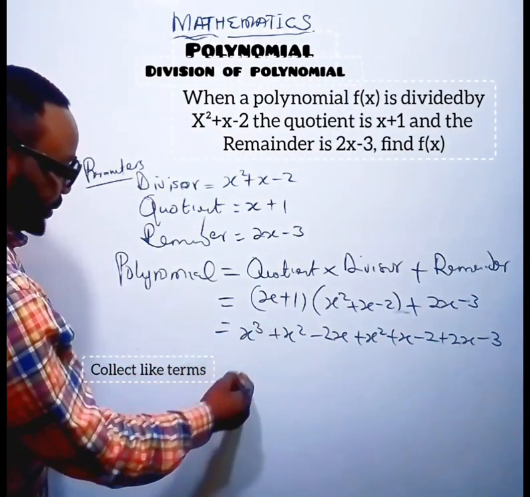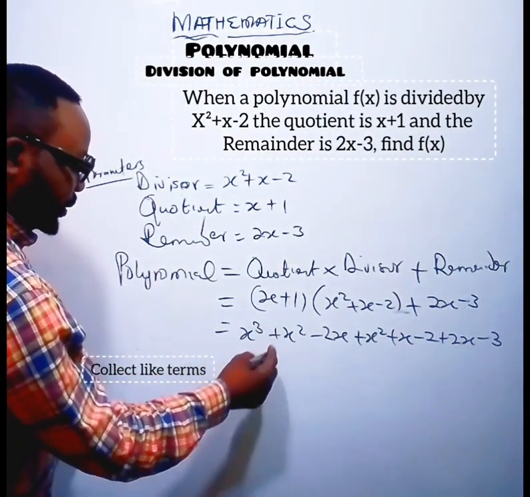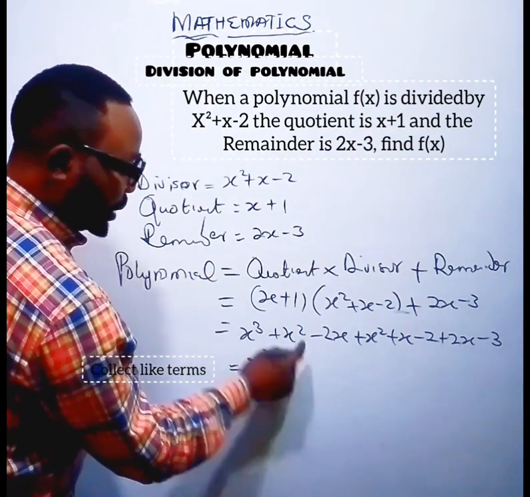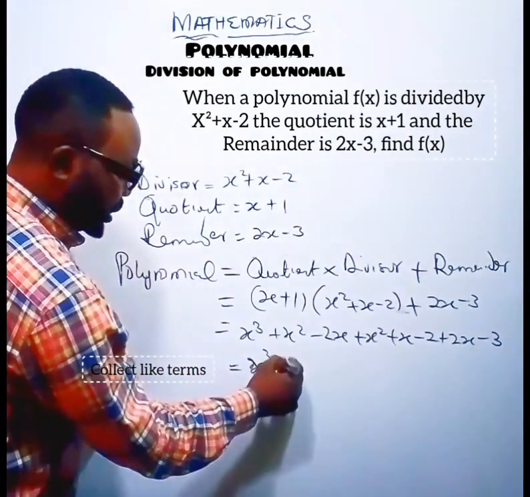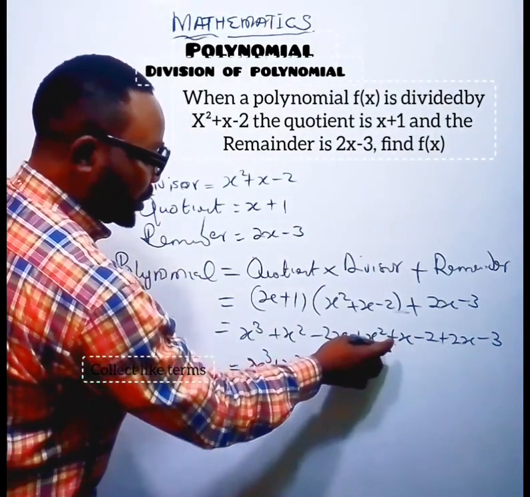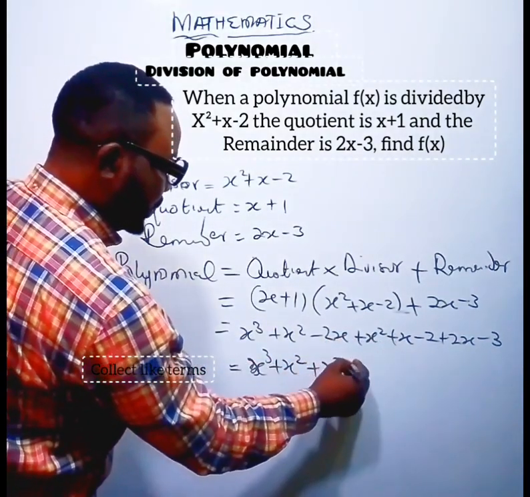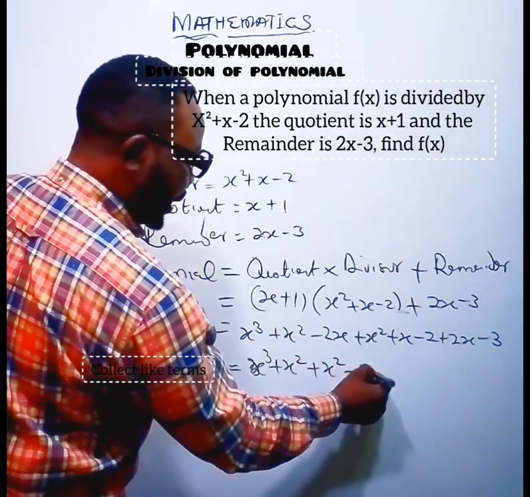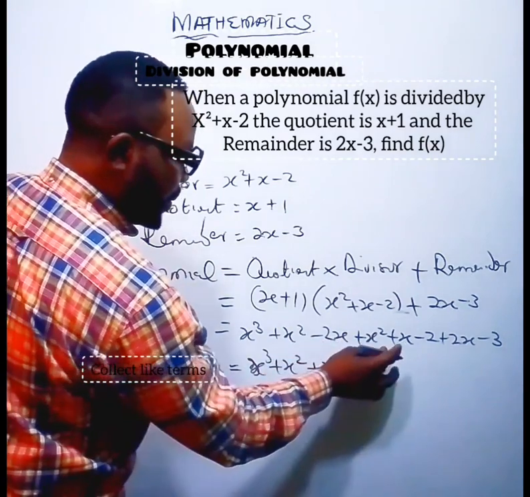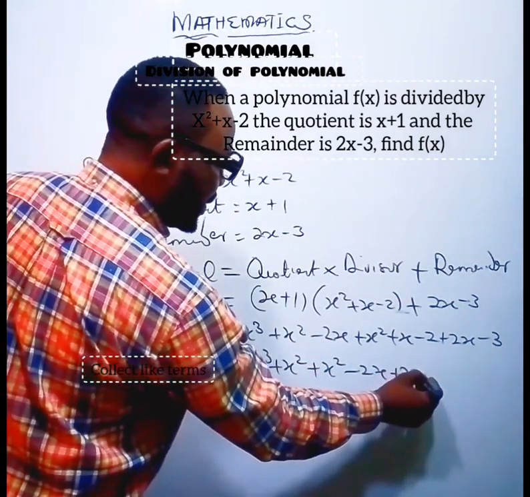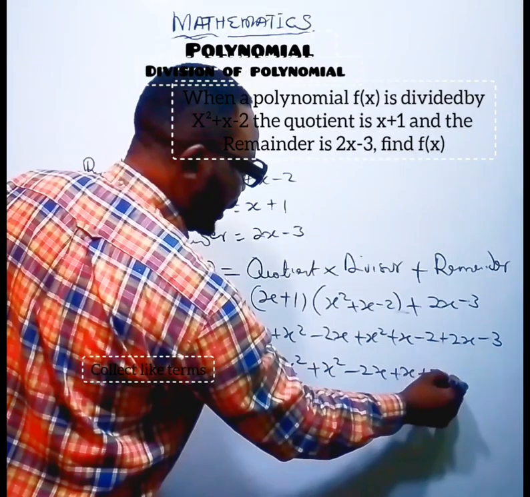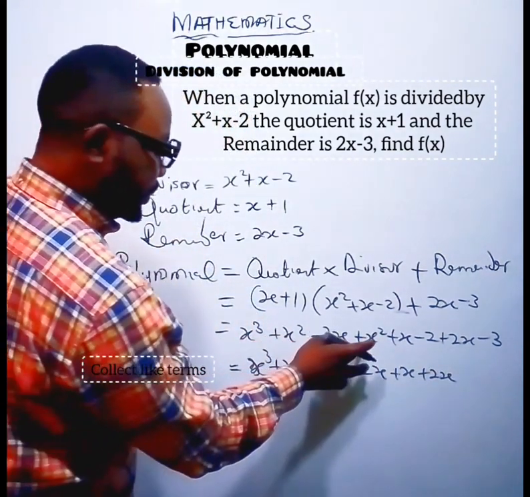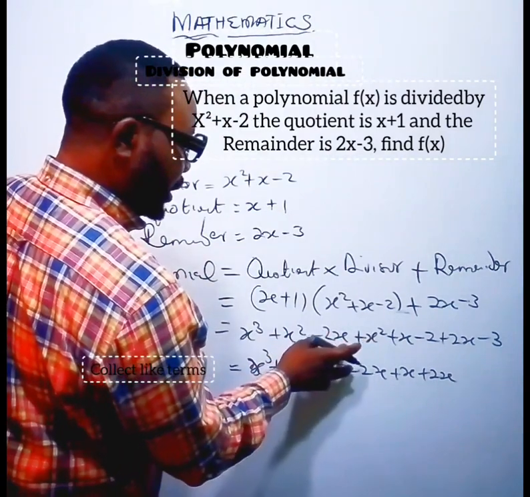So collecting like terms now, we're going to have x cubed. That's the only value we have for x cubed. Plus x squared. What's the other value for x squared here? That's plus x squared again. We are through with the x squared value. Then we move to x now. Minus 2x plus x plus 2x. Now we are through with the x value. We are now moving to the constant.